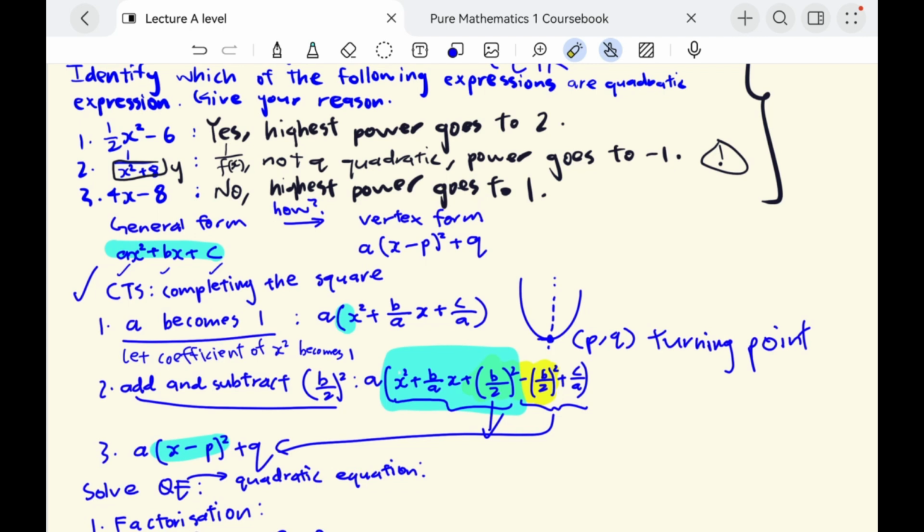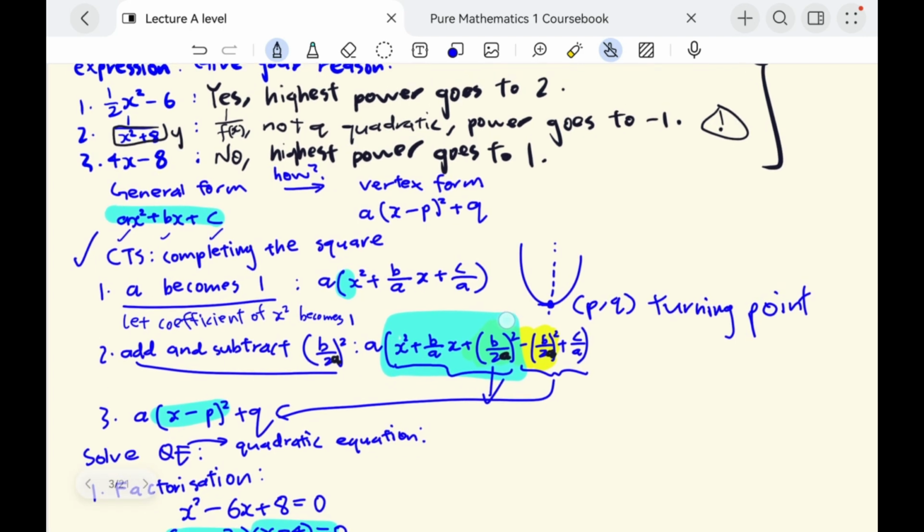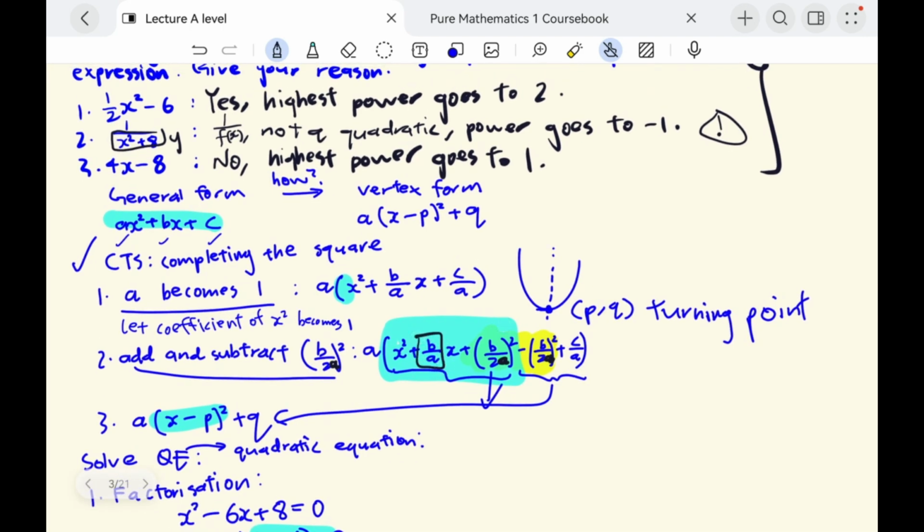And next, you need to add or minus (b over 2a) squared. Sorry, I missed this. I mean this entire thing divided by 2. And bracket squared minus the other, also in order to satisfy its equality.